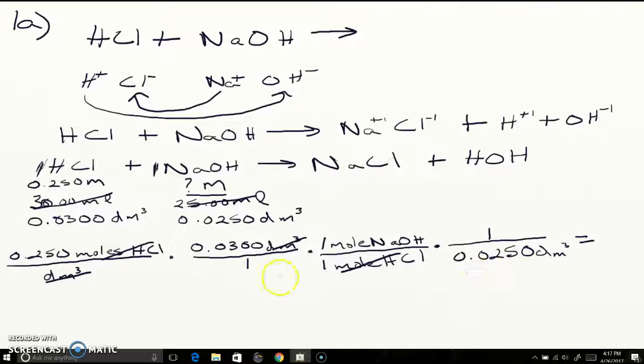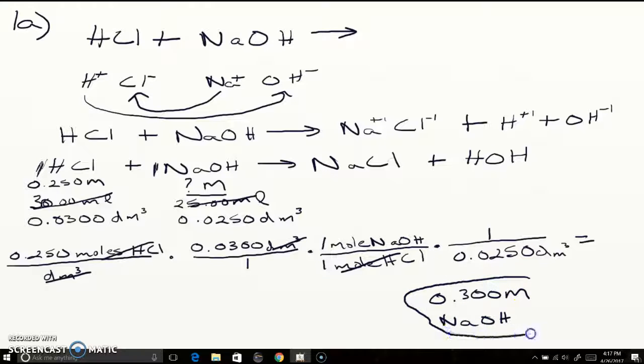All right, so if you did all the math, and remember, you should end up with moles per decimeter cubed as your units, and you should end up with the 0.300 molar sodium hydroxide. That's how you would find out the concentration of an acid or a base, in this case here, of a base. And that is titration.